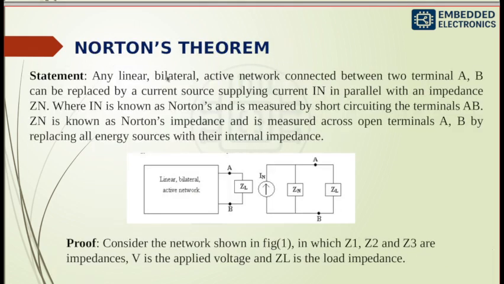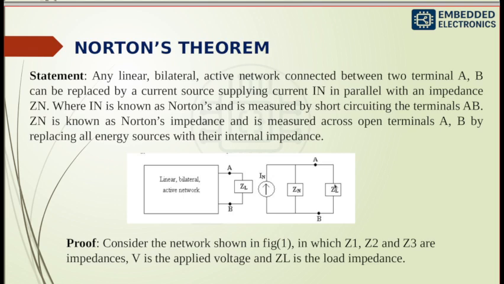Next is Norton's theorem. It states that any linear bilateral network that is connected between A and B can be replaced by a current source supplying current IN in parallel with the impedance ZN. So what does IN mean? It is Norton's current. It can be measured by short circuiting the terminal. How do we measure it?